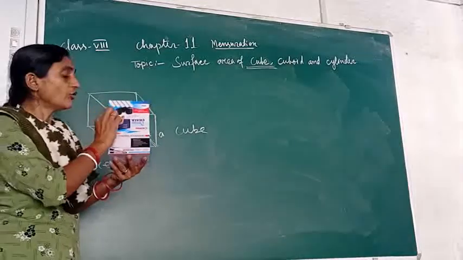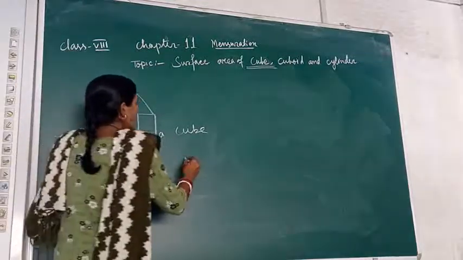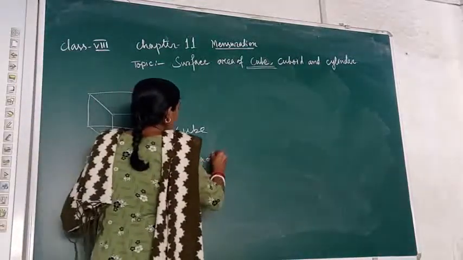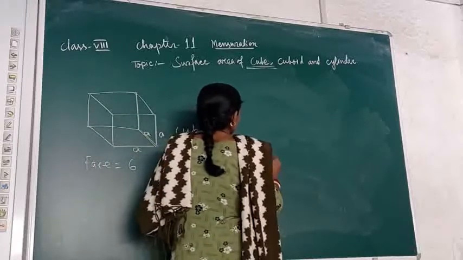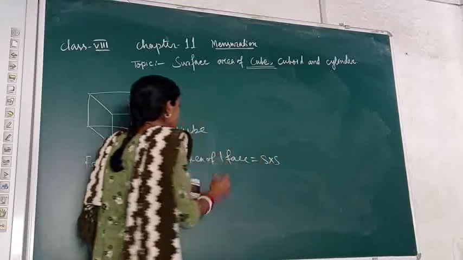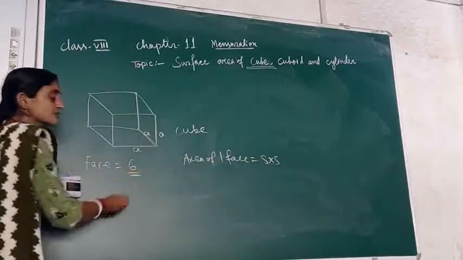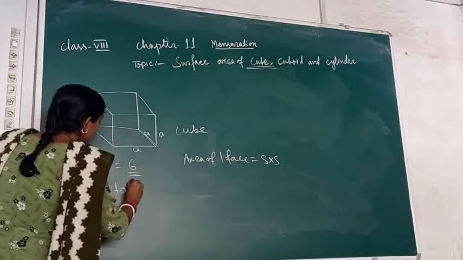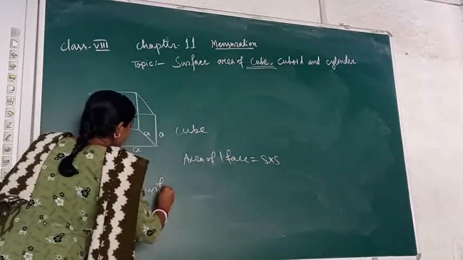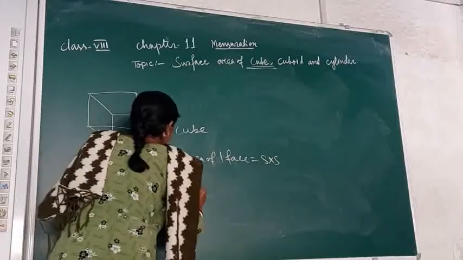So the area of one face will be what? The area of one face is side into side. So how many faces do we have? 6.